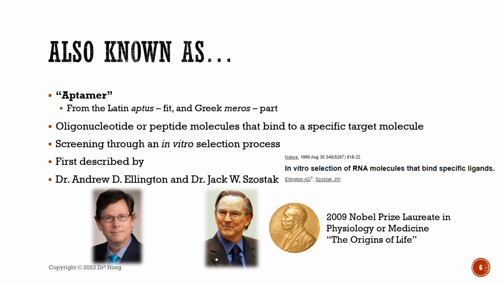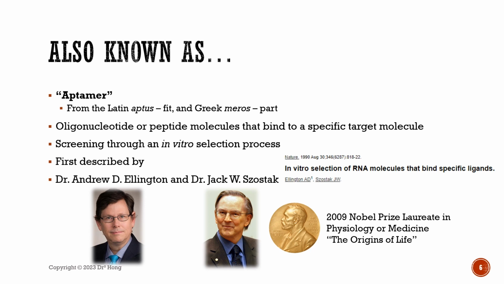Now, how do you get them? It is through a process called in vitro selection. This process is very much like what we just talked about in part 1 of this lecture. Now, this whole process, or this term, was first described by two scientists, Dr. Andrew Ellington and Dr. Jack Szostak.